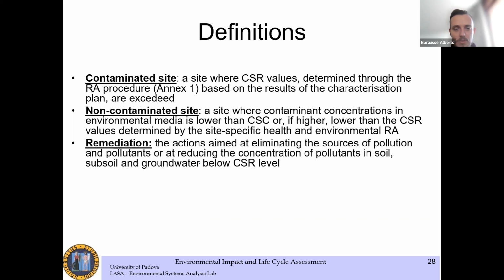By remediation in Italian legislation, we mean any action aimed at eliminating the sources of pollution and the pollutants, of course, or aimed at reducing the concentration of pollutants below the CSR level. This is important.